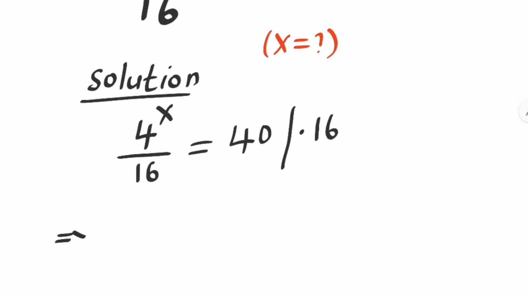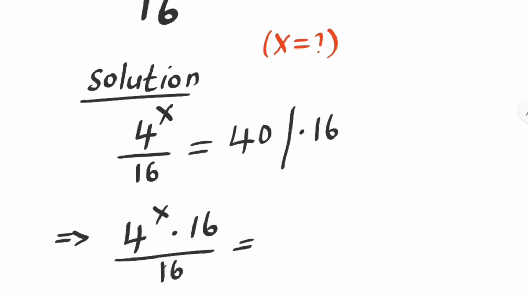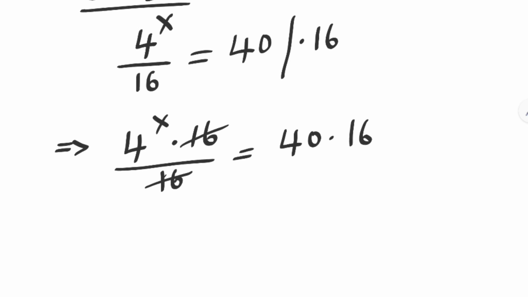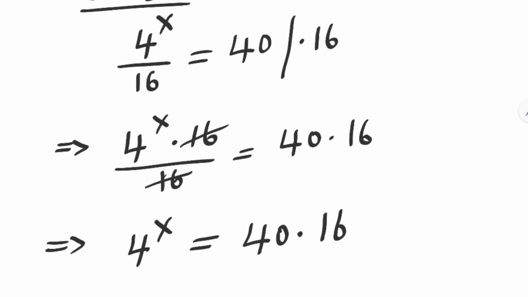This is 4 raised to power x multiplied by 16 over 16 is equal to 40 multiplied by 16. This 16 cancels this 16. 4 raised to power x is equal to 40 multiplied by 16.